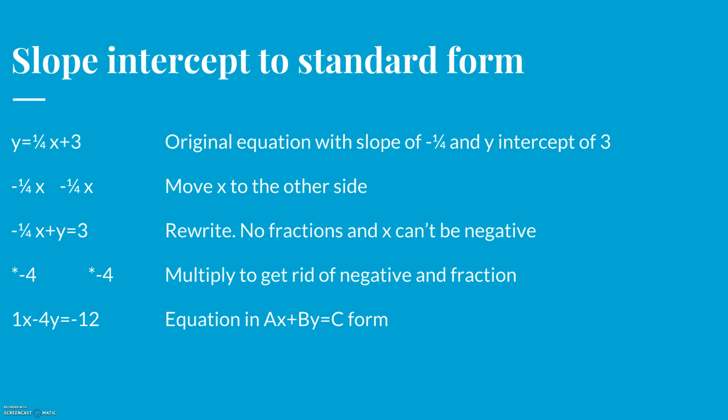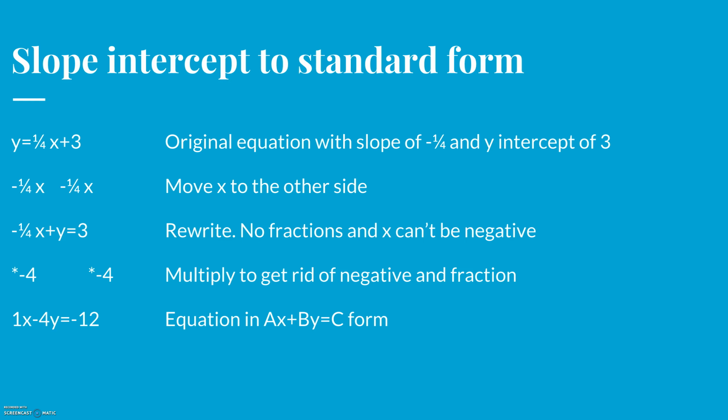Now, we can't have fractions in standard form, and we also cannot have x as a negative number. And right now we have both a fraction and a negative x coefficient. To clarify, it should say the coefficient on x cannot be negative.